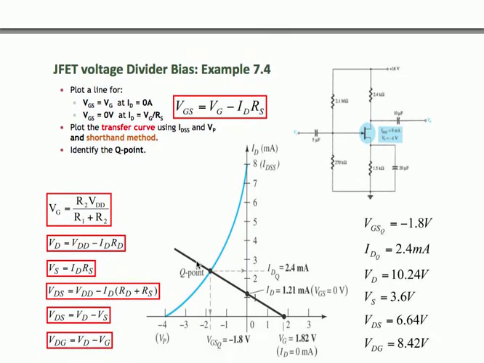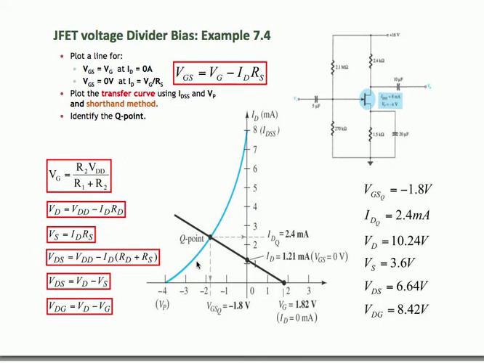So using the steps which I have mentioned just now, first you plot the load line of your circuit, and that load line is given by this equation here. VGS is equal to VG minus IDRS. You can plot it very simply by first setting ID equal to 0. When ID is equal to 0, your VGS is equal to VG.